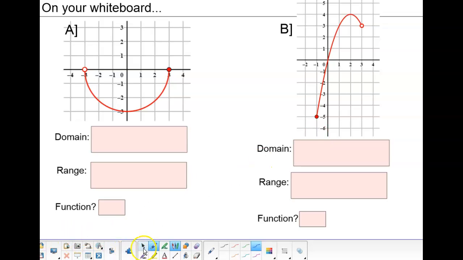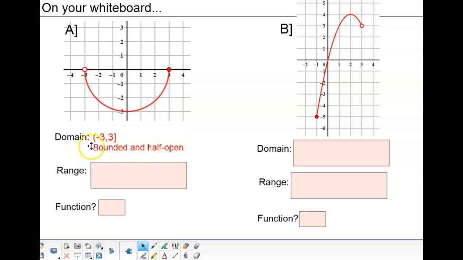Okay, so assuming that you have tried these on your own now, we'll look at example A together first. The lowest x value is -3, and it's an open circle. The highest x value is +3, and that's a closed circle. So this is going to be the interval from -3 to 3.